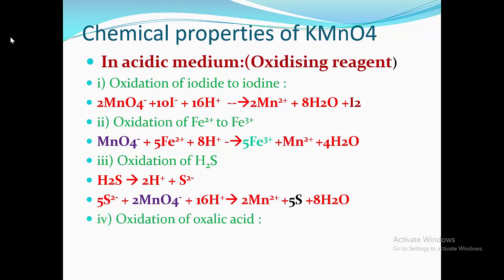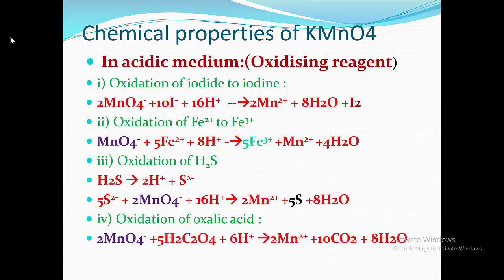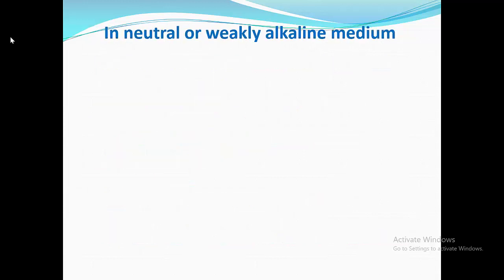Next, oxidation of oxalic acid. Oxalic acid is nothing but H2C2O4. When KMnO4 is treated with oxalic acid, it undergoes decarboxylation. The reaction is 2MnO4- + 5H2C2O4 + 6H+ gives 2Mn2+ + 10CO2 + 8H2O.